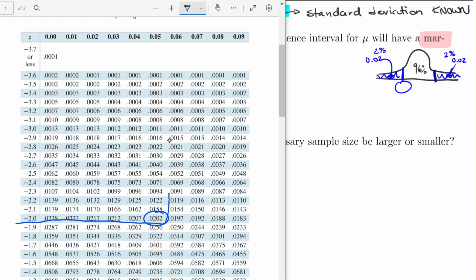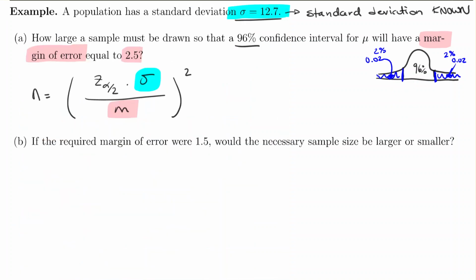So that's from the negative 2.0 row, 0.05 column. So that's a z-score of negative 2.05. And then by symmetry, it'd be positive 2.05 for the other value. So here my Z alpha over 2 for 96% is 2.05.